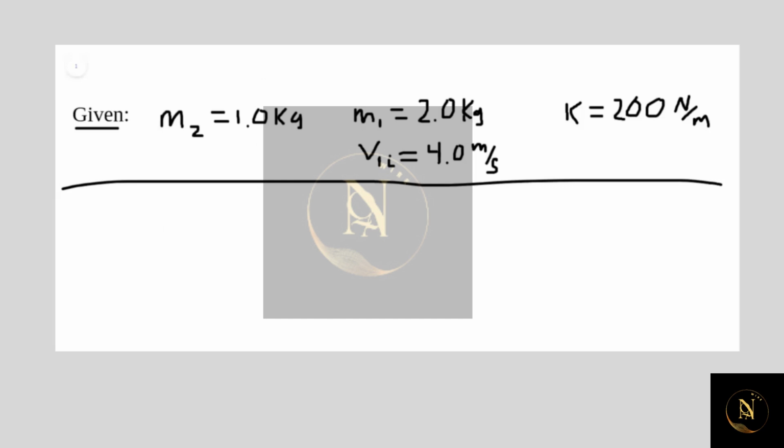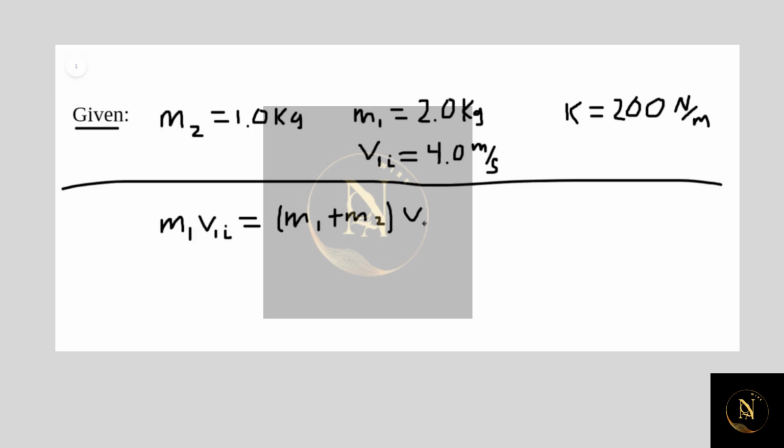So we can go ahead and start with the conservation of momentum to find the final velocity of the system. Initially block 2 is at rest, so its initial momentum is 0. The initial momentum of block 1 is m1 times the initial velocity v1i, which is equal to, since they stick together, m1 plus m2 multiplied by the final velocity.